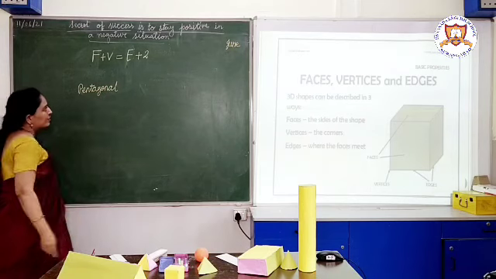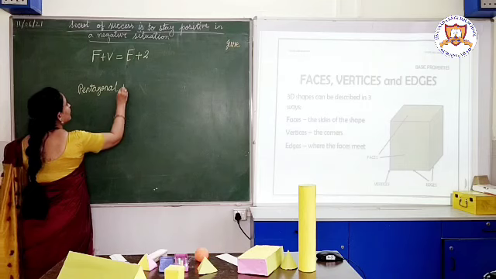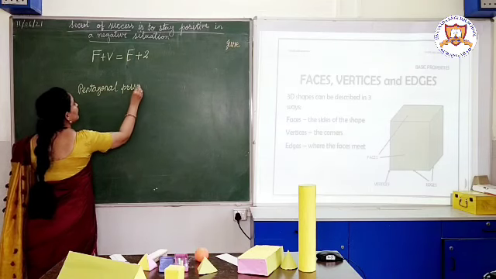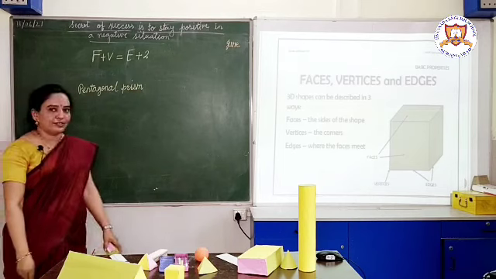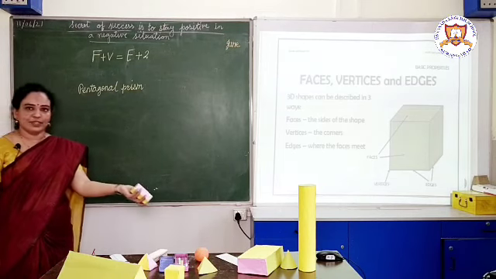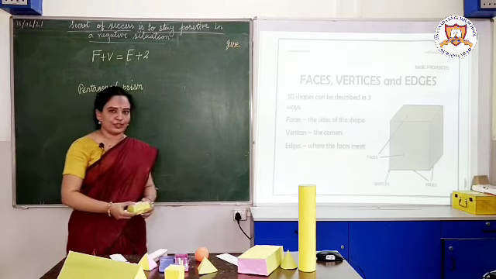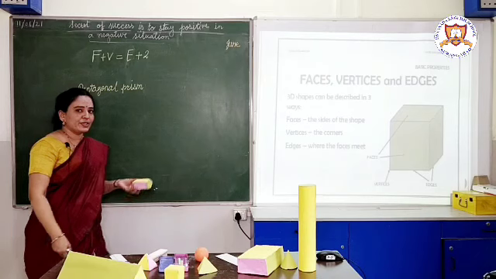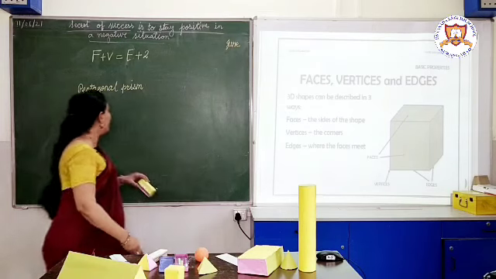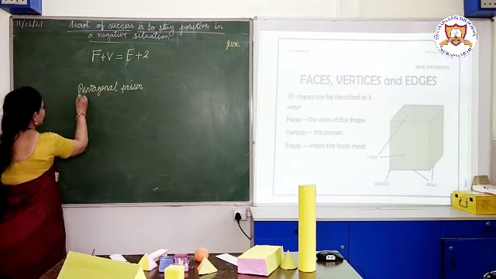Pentagonal prism is also called a pentagoid. Hexagonal prism we can call a hexagoid, because the cuboid, which you already know, is the rectangular prism. Pentagonal prism, pentagoid. Hexagonal prism, hexagoid.